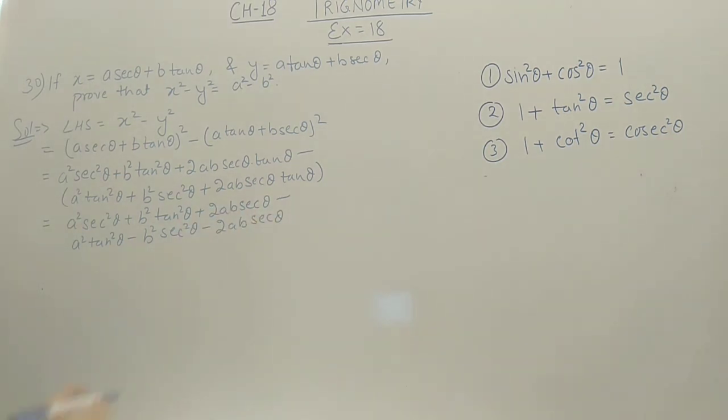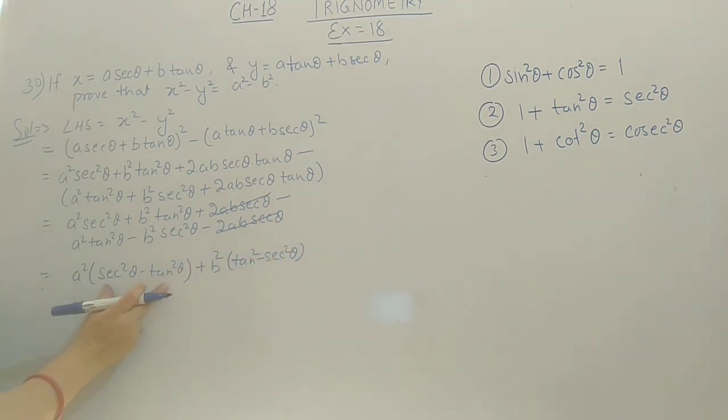So you can see here this thing is cancelling. We can cancel it, different symbols are there. In these two, if we take a square common, we will get sec square theta minus tan square theta. And in these two, if we take b square common, we will get tan square theta minus sec square theta.